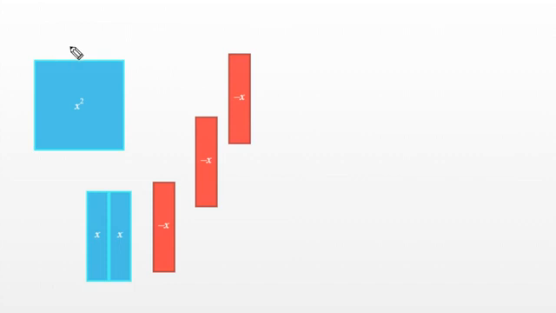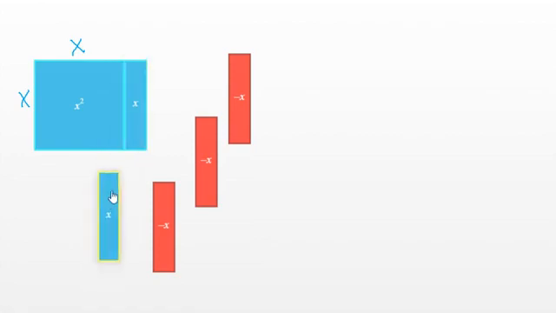Let's look at another example. In this example, we're going to start with our original block of quilt, which is x by x. And this time, we're going to add 2 inches to one side.